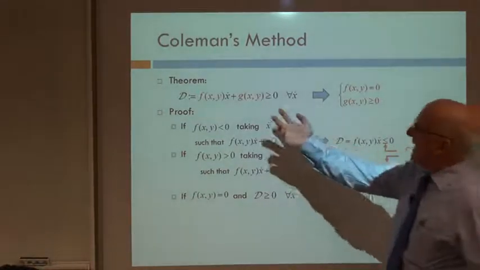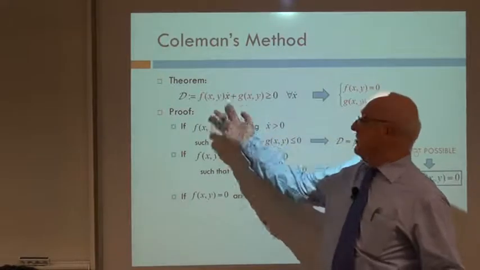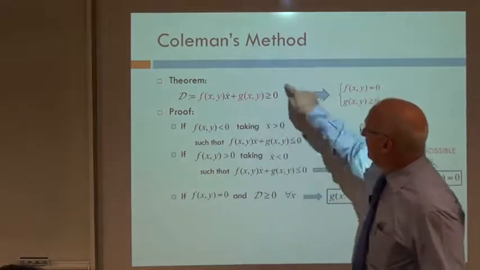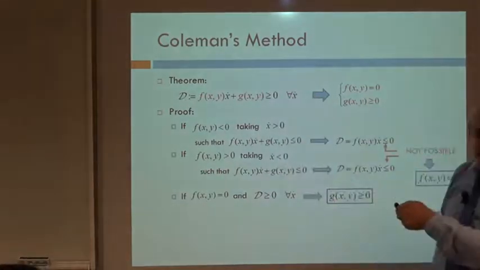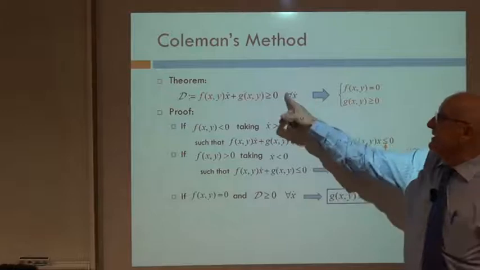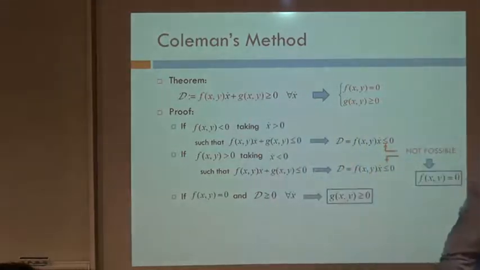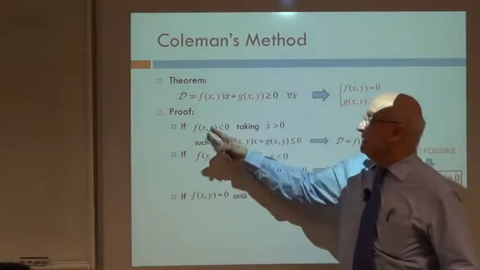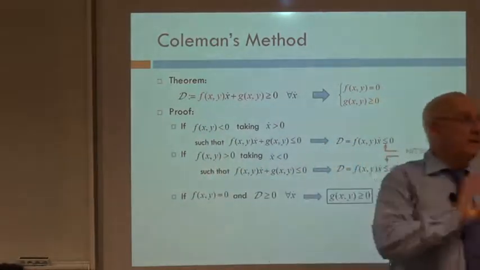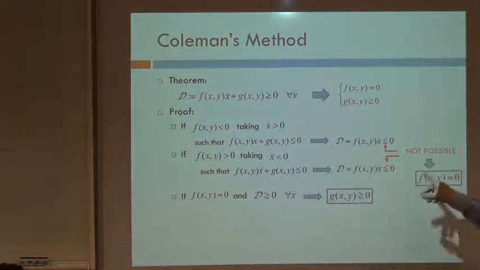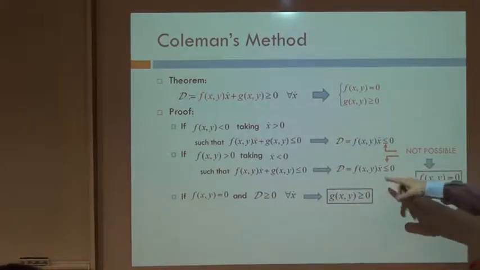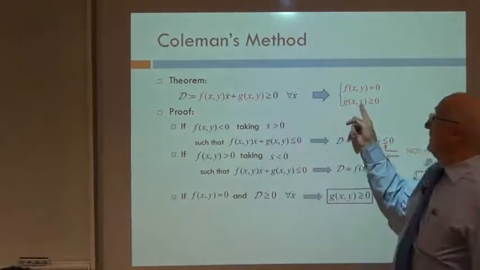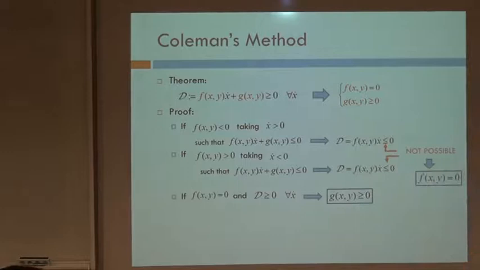So whether f of x, y is greater than 0 or f of x, y is smaller than 0, for any x dot, I can always find some value that makes this statement false. In consequence, the only option for f of x, y is being neither positive nor negative, but being 0. And if it's 0, then this term always drops, and then g of x, y is greater than 0. As simple as this.